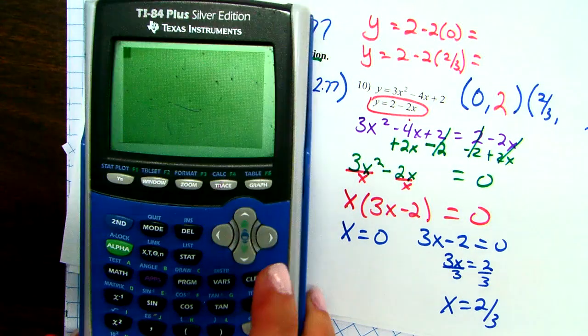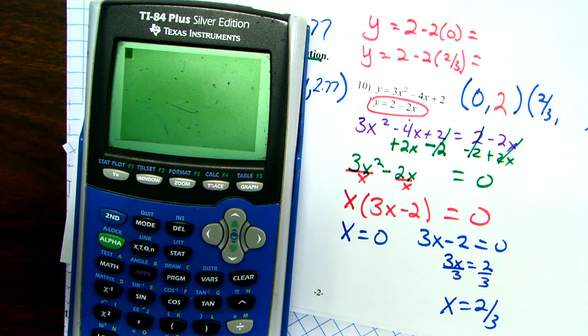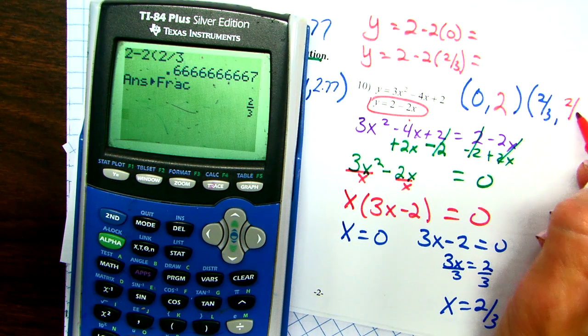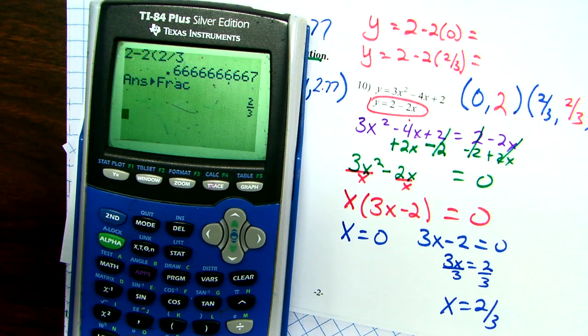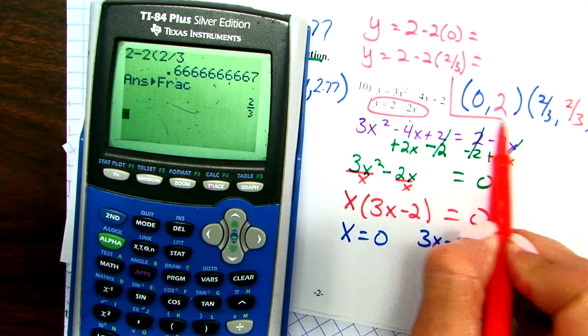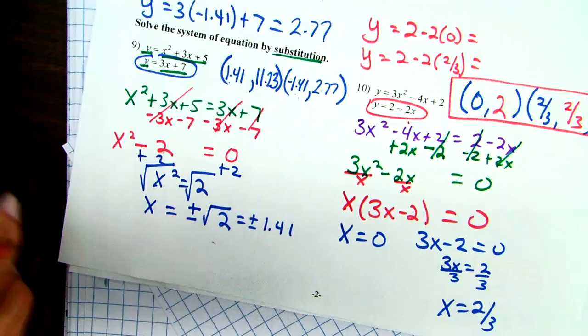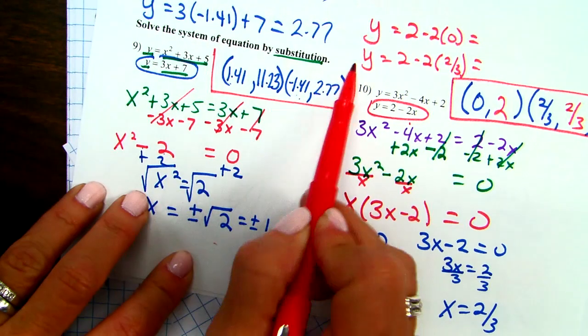And guys, just be careful with your order of operations here. 2 minus 2, parentheses, 2/3. Yeah. And you should get 2/3 again. Remember, math enter, enter changes your decimal back to a fraction. That would be your solution. There's a lot to know for this test.